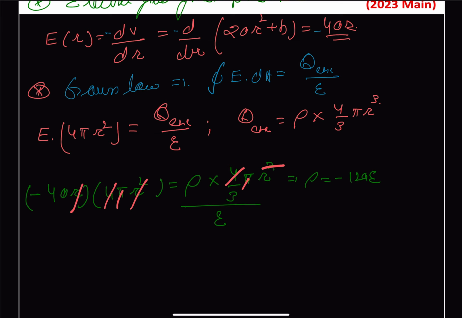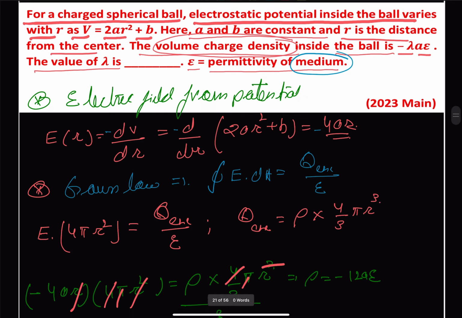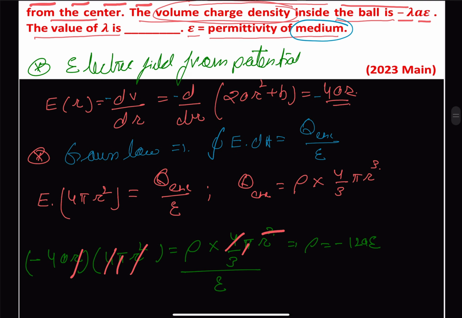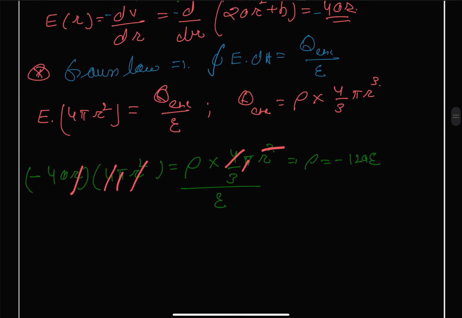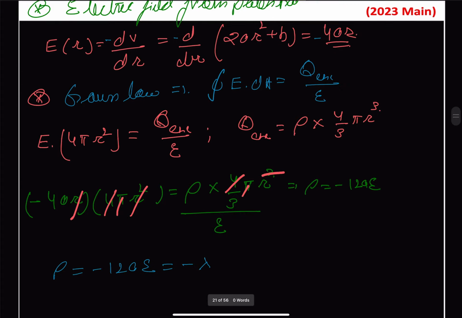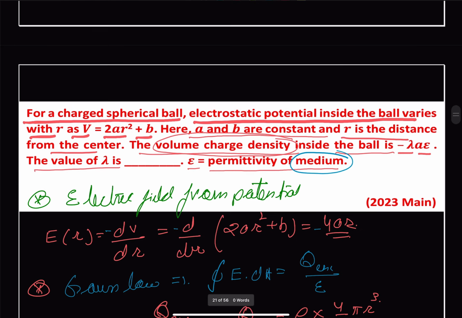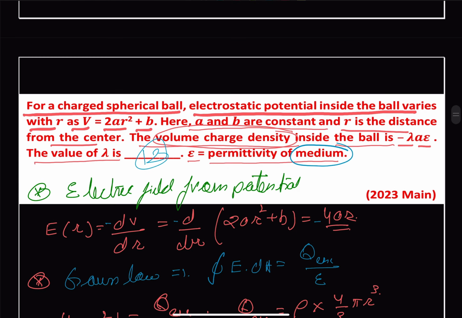Therefore we are given that the charge density is minus lambda a epsilon. So we got our rho is equal to minus 12 a epsilon, which is given as lambda a epsilon. So from here the value of lambda will be equal to 12. 12 is the value of the lambda.